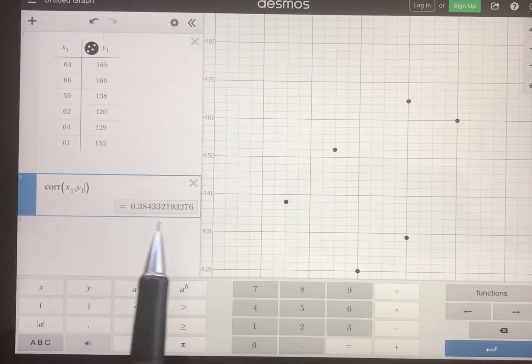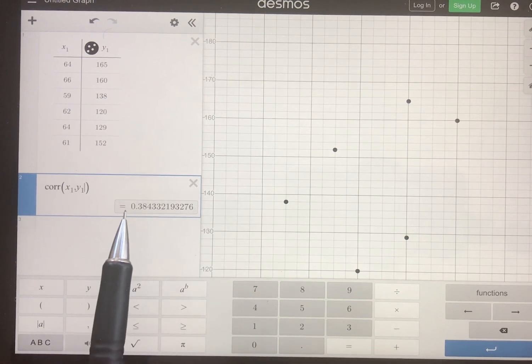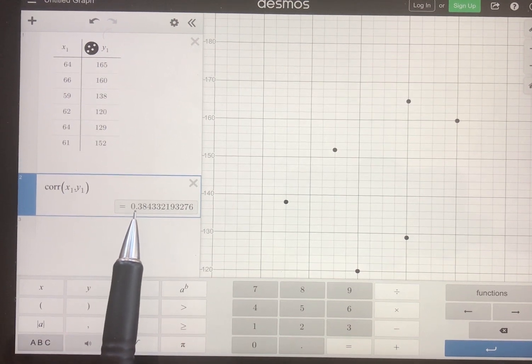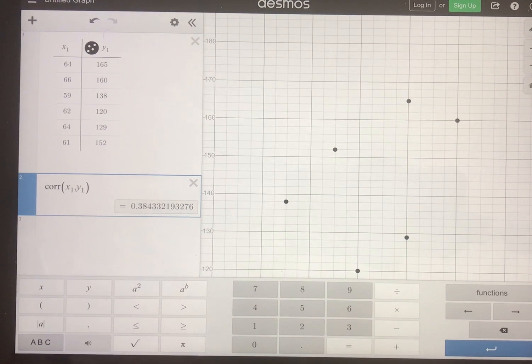Desmos is telling me there is a positive correlation because it's positive, but it is not particularly strong between heights and weights. If I round this to the tenth, I get a 0.4. So the strength of the relationship is a 0.4.